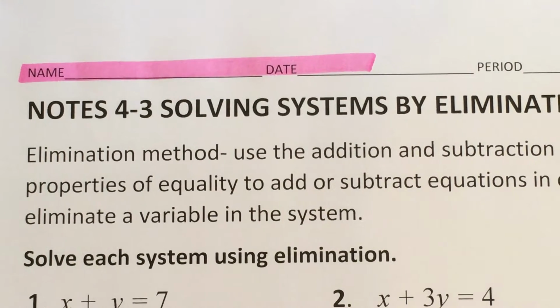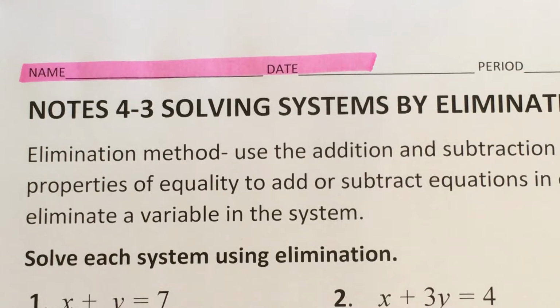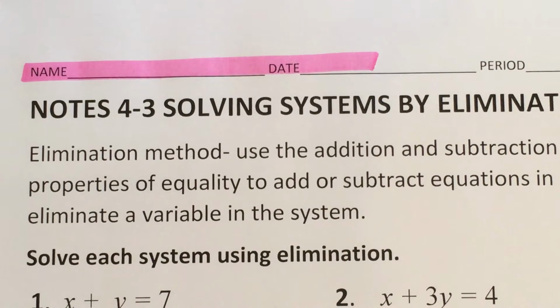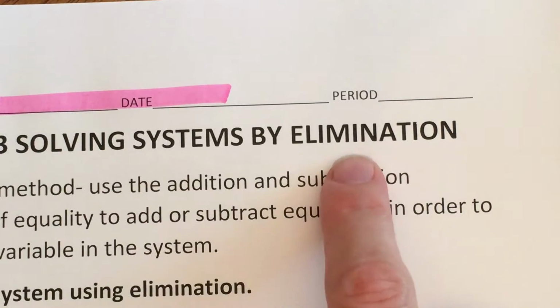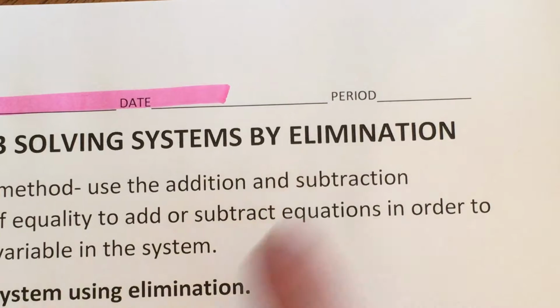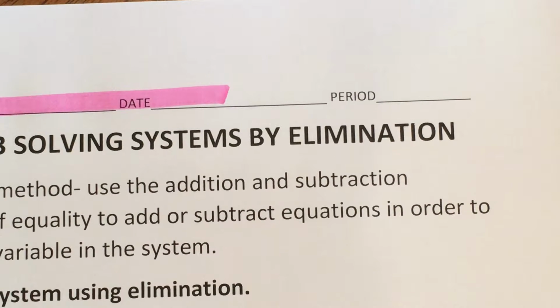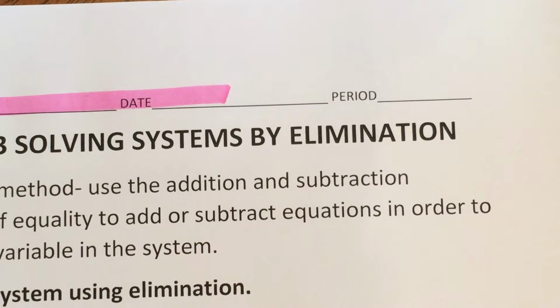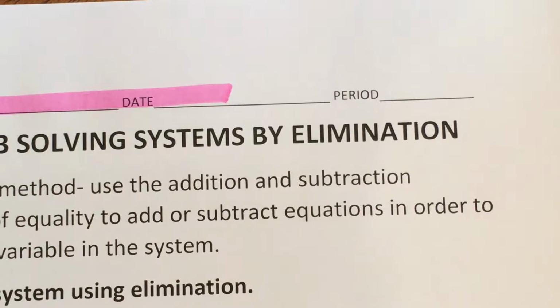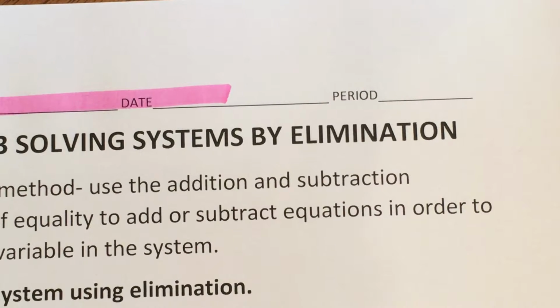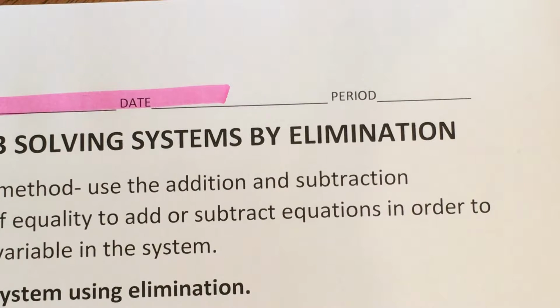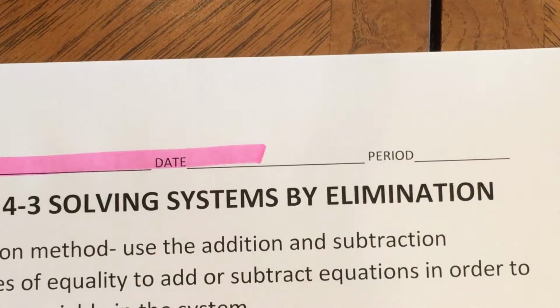With substitution, we were replacing one piece of information with another one. Here with elimination, we're going to get rid of a piece of information to help us out. But to do this, your equations really need to be set up in a particular way so you'll know when this is a doable thing.